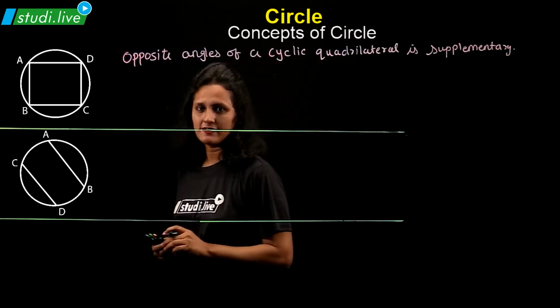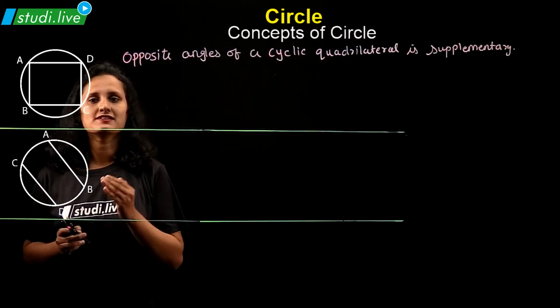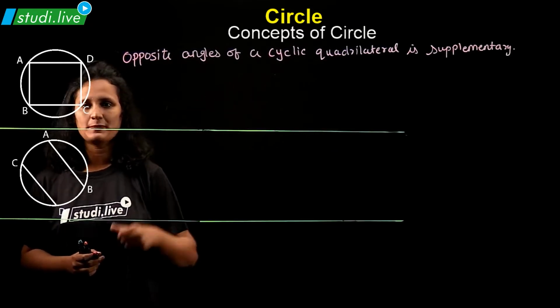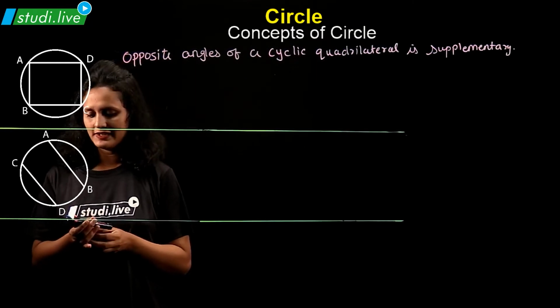Now what is supplementary, students? Sum of the angles is 180 degree. When the sum of the angles is 180 degree, then the angles are supplementary. So opposite angles of a cyclic quadrilateral sum to 180 degree.